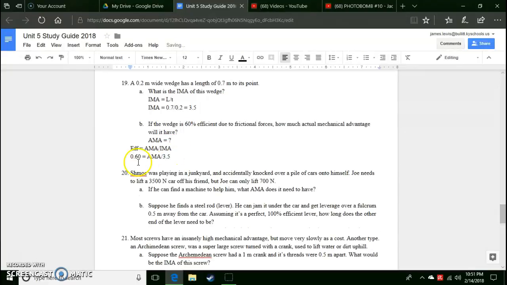So what I have here is some basic algebra. 0.6 equals AMA divided by 3.5. I want to multiply that 3.5 over to the other side, or more importantly, I just want to get what 60% of 3.5 is. So 0.6 times 3.5 equals 2.1 is going to be our actual mechanical advantage.